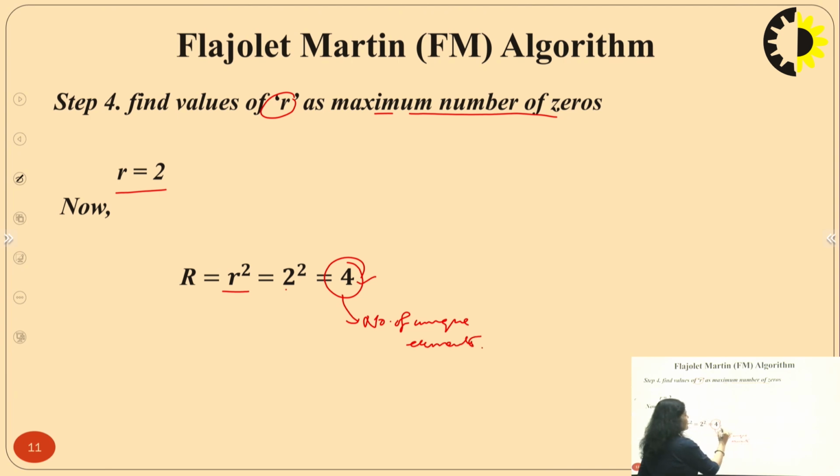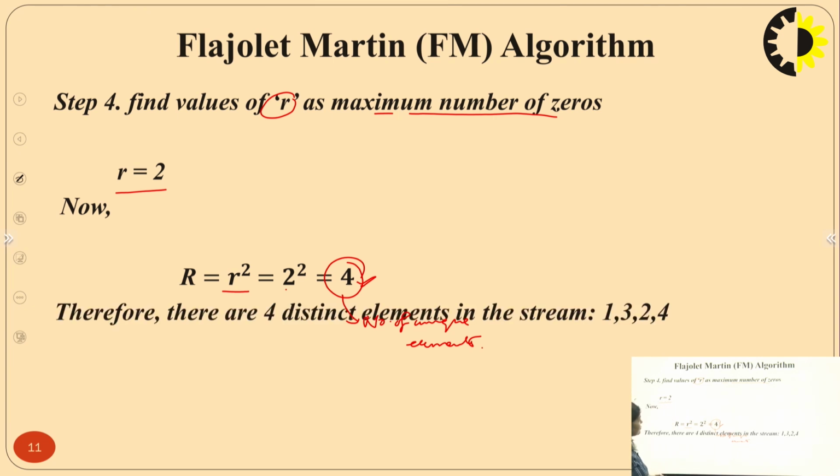here as 4. If you verify it with the stream which is being given to us when we are solving the example, we can see that 1, 2, 3 and 4, these were the unique elements that we have got.